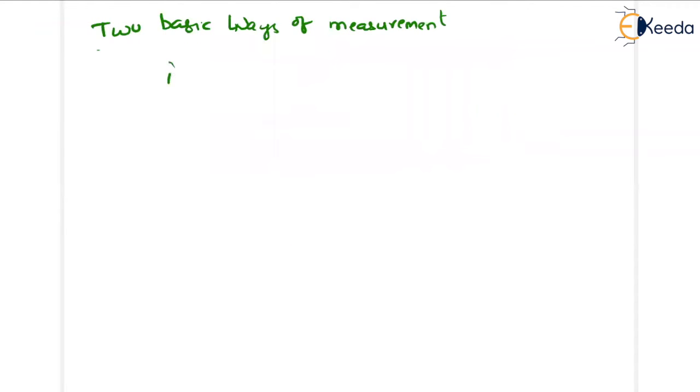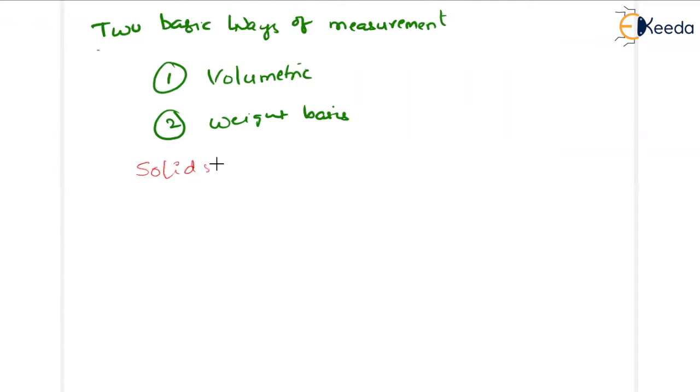One is volumetric, the other one is on weight basis. For solids we use weight per unit or mass per unit.